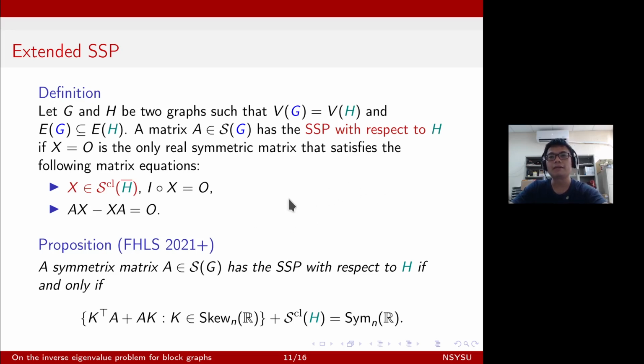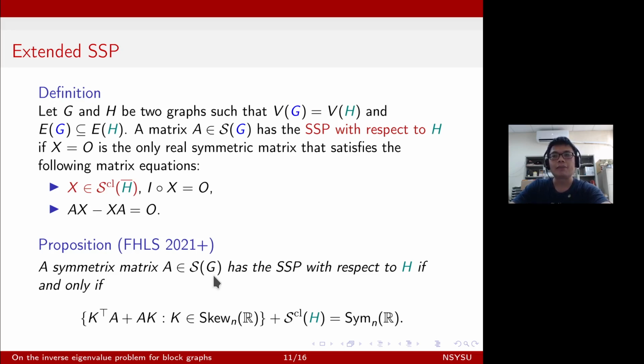But in this talk, we are going to define that a matrix A has the SSP with respect to another graph H if and only if everything is the same except that this space is a bit bigger. Think of G as the support of A. It is the smaller support, and H is the larger support.